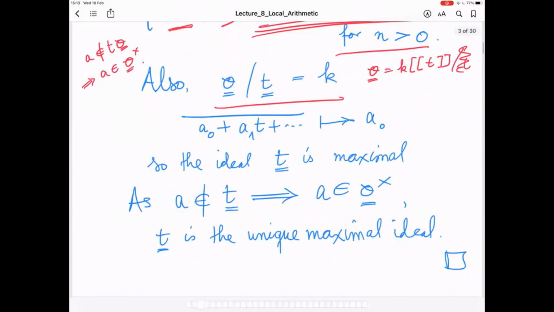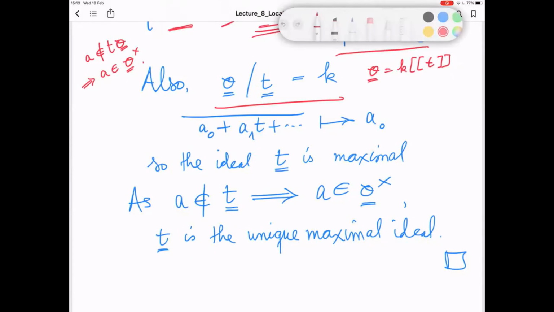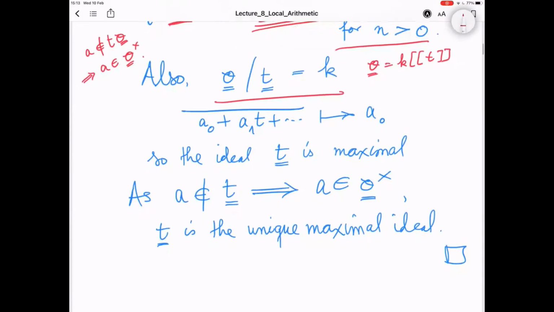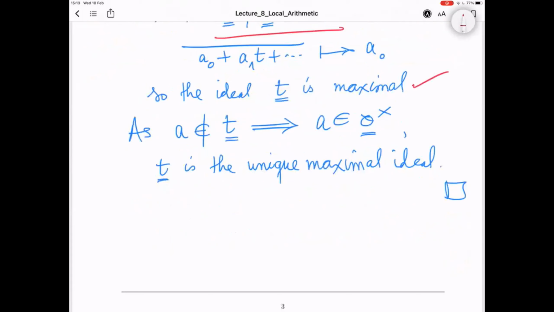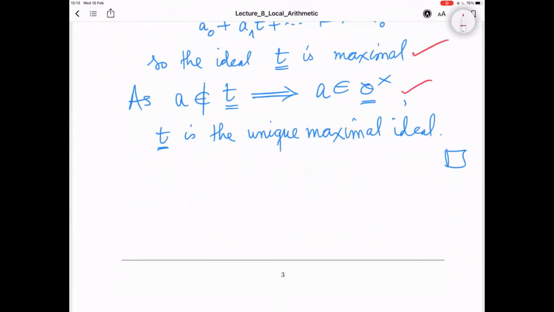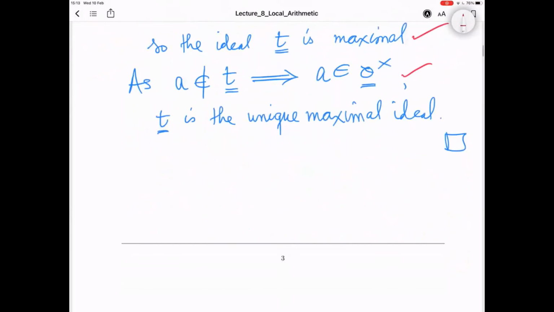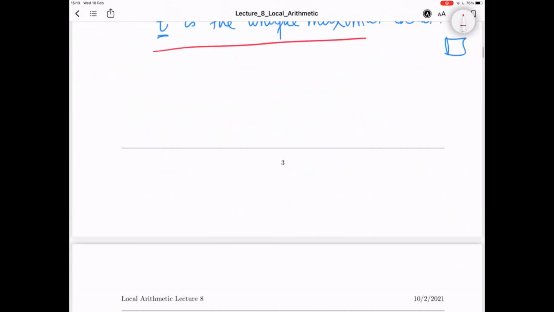So I'm not saying anything extraordinary here, right? Okay, and so this ideal is maximal, and this is what we have proved. If A is not in this ideal, then it's invertible. So the ideal generated by t is the unique maximal ideal. Okay.